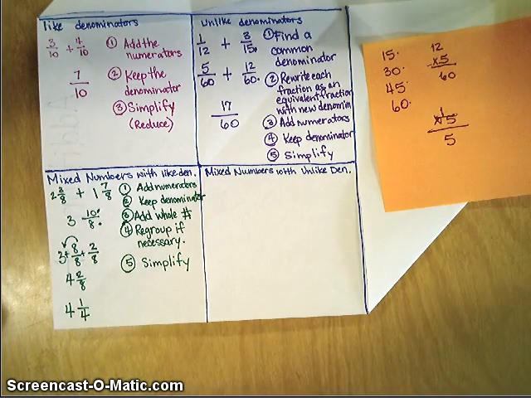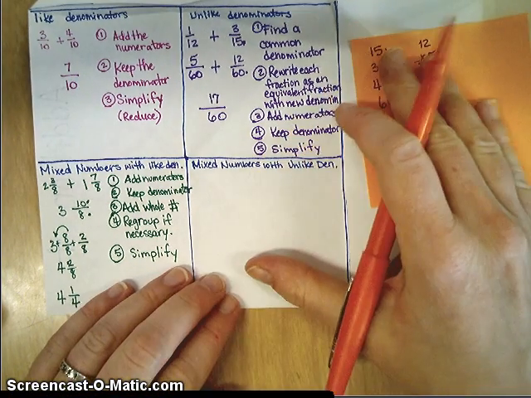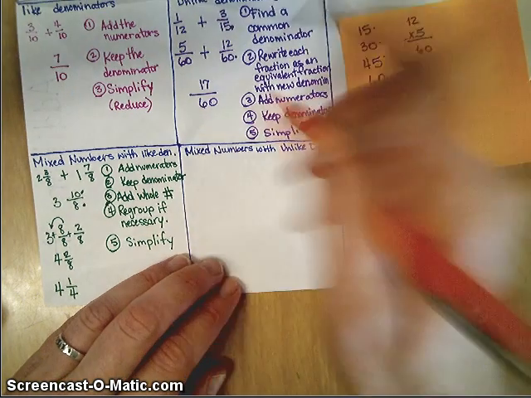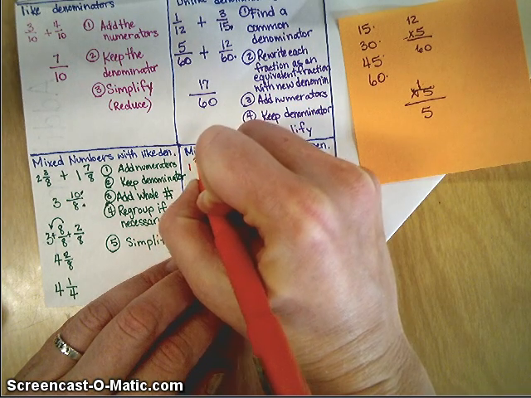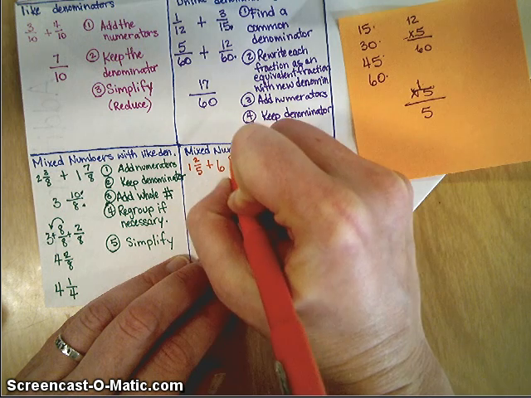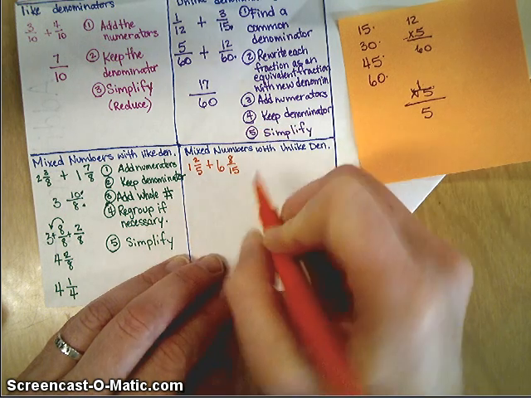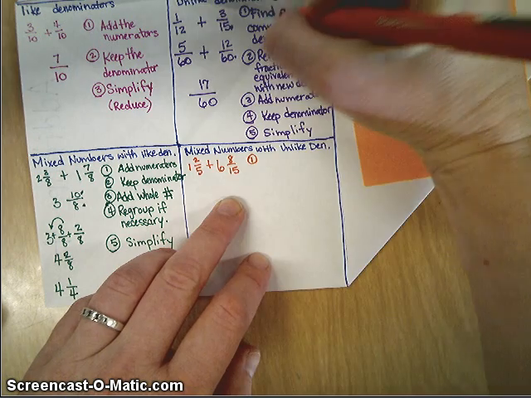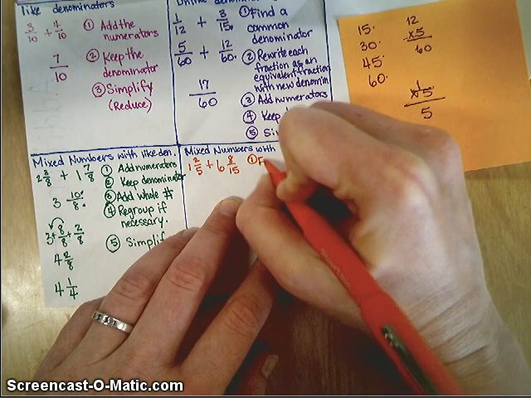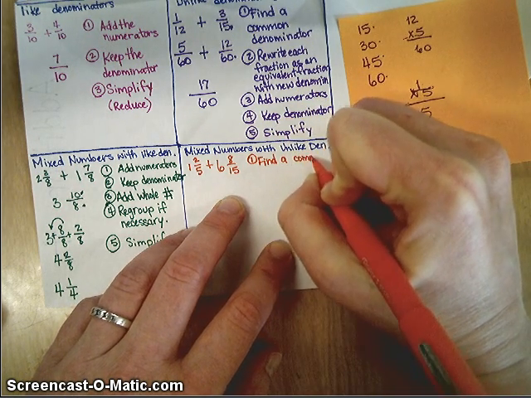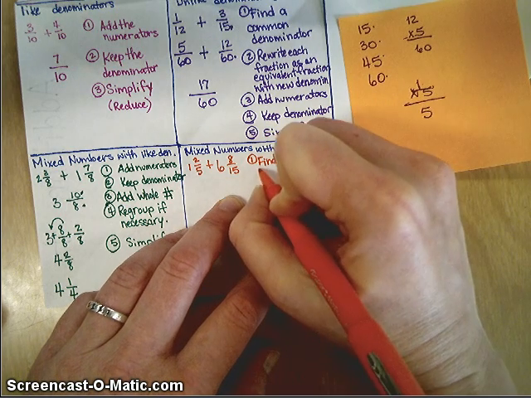The last one we've got on this section is mixed numbers with unlike denominators. Their denominators are different, so we've got 1 and 2/5 plus 6 and 8/15. So it's going to be similar to this. We're going to find a common denominator, and again, it can be the lowest one.